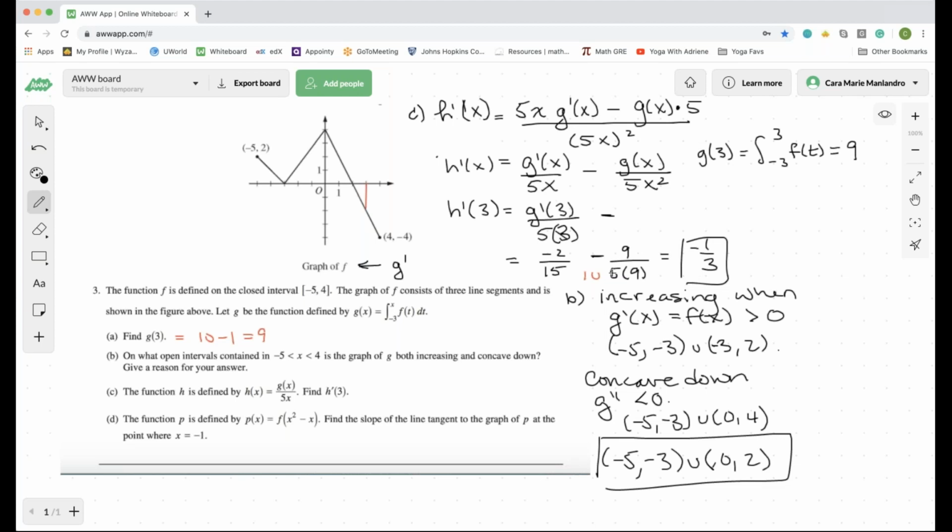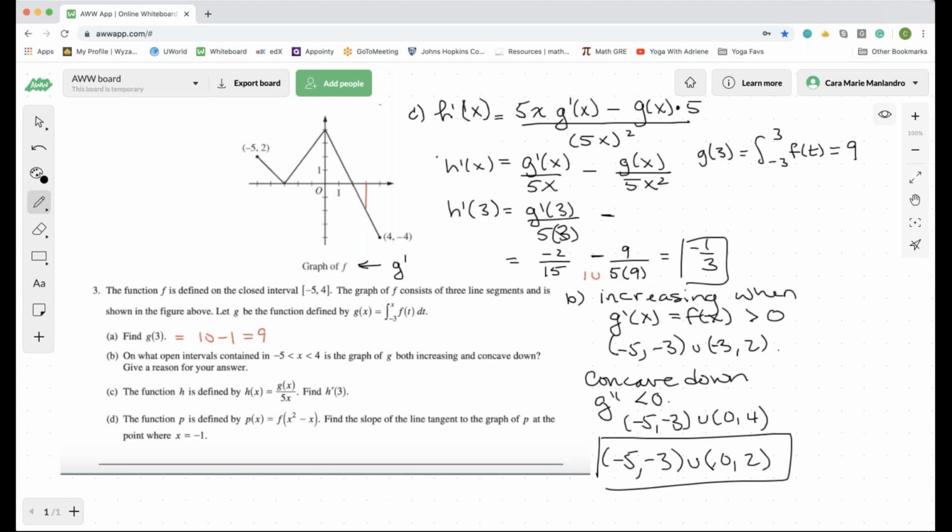Does anyone have any questions about the quotient rule or the chain rule there? How did you find g of 3?